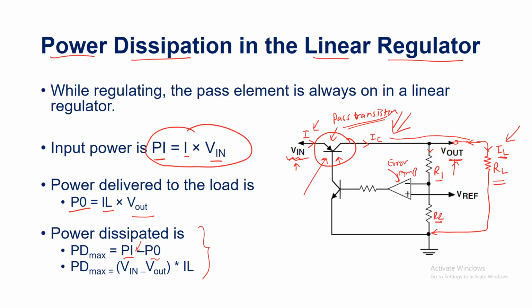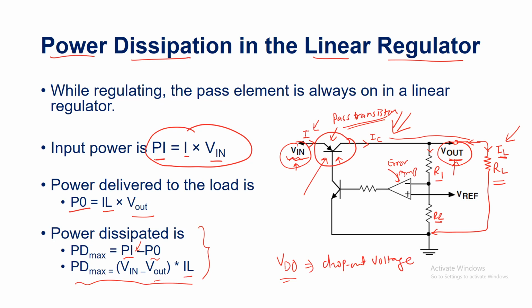There is one more definition, or formula, for the power dissipation. It is the difference between the input and the output voltage. So you have a V in right here, you have a V out right here, and the difference between the two is your V DO, also called the dropout voltage, right?